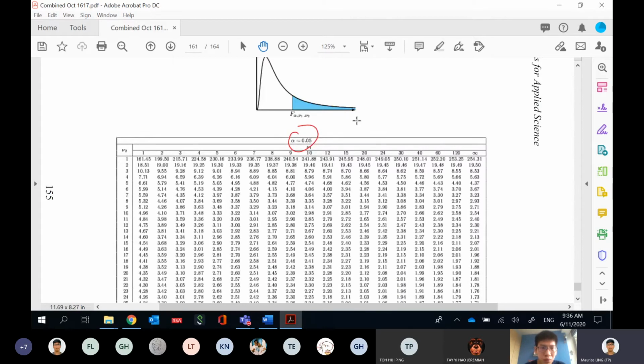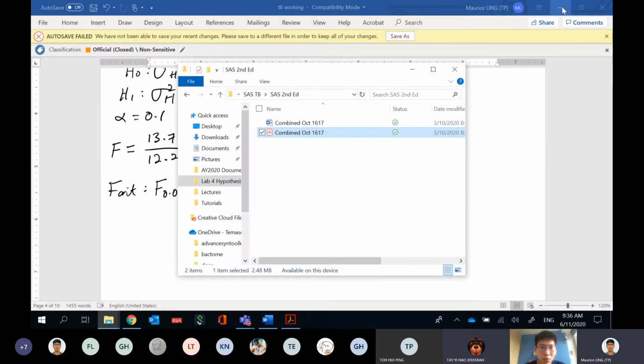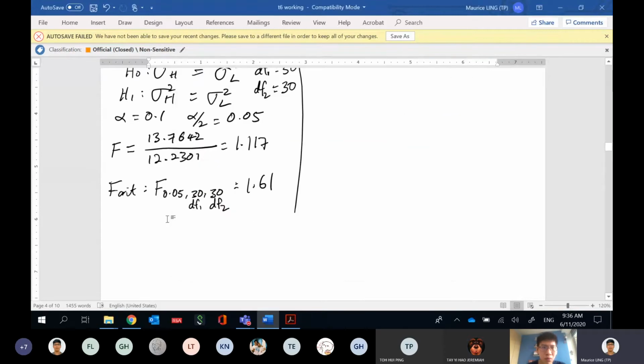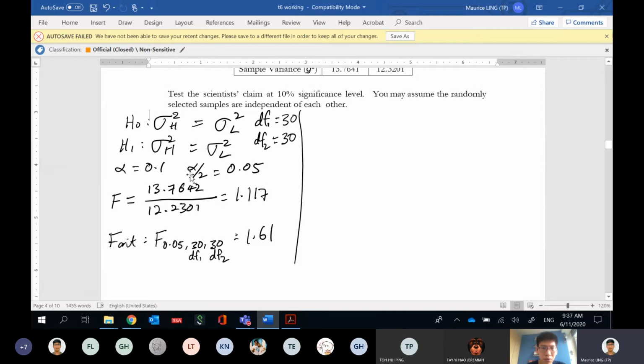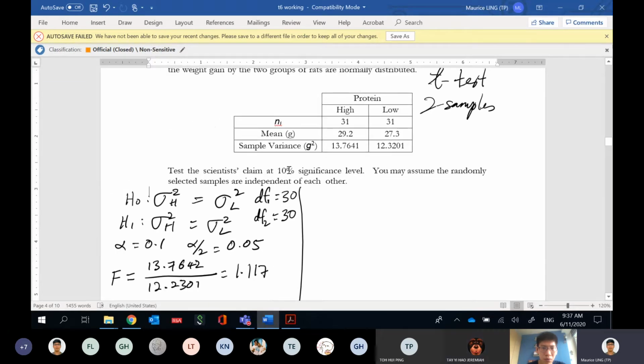Jeremiah, you use this table, right? But isn't 0.05 alpha divided by 2? No, because you actually have the alpha as 0.1 already. So the new alpha is 0.05. Oh, okay. Because you're claiming 10% significance now.